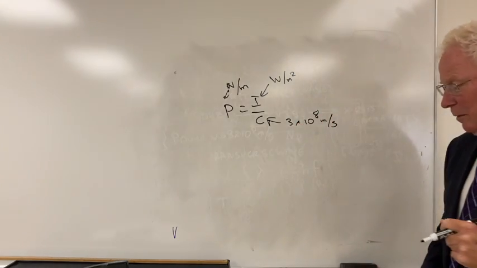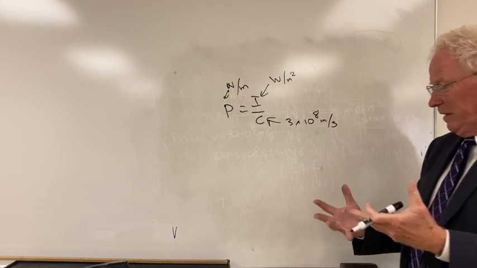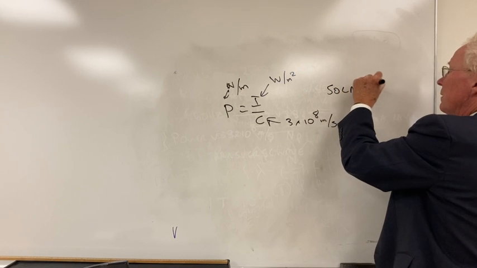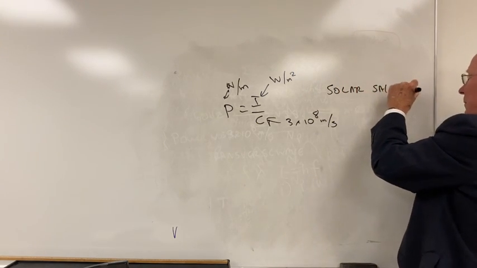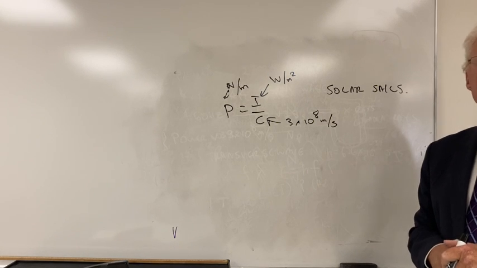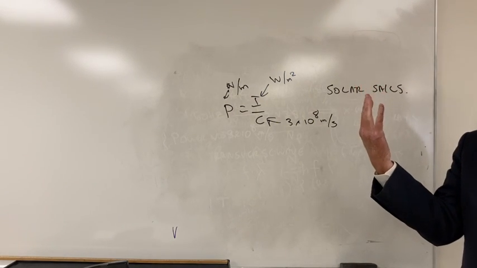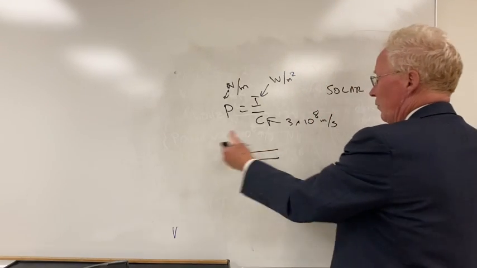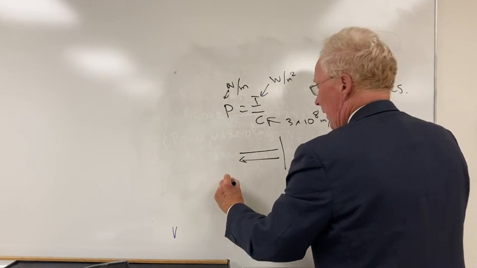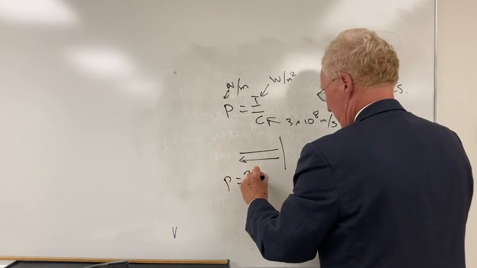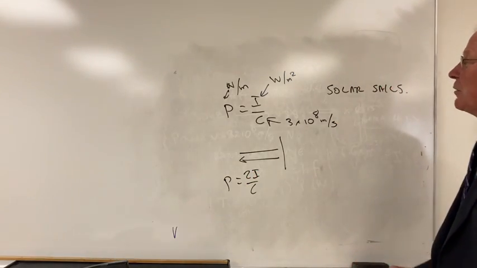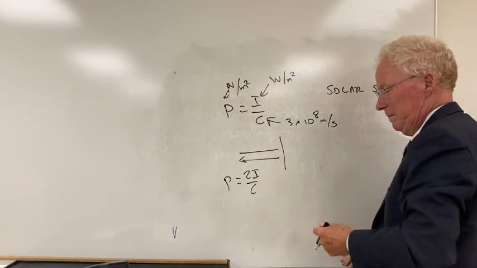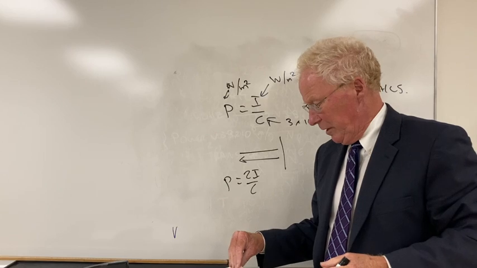So we end up with the power of light on something like a solar sail, an example of a possibility for inter-solar system travel. If the light reflects perfectly back off, then the pressure is 2I over c.